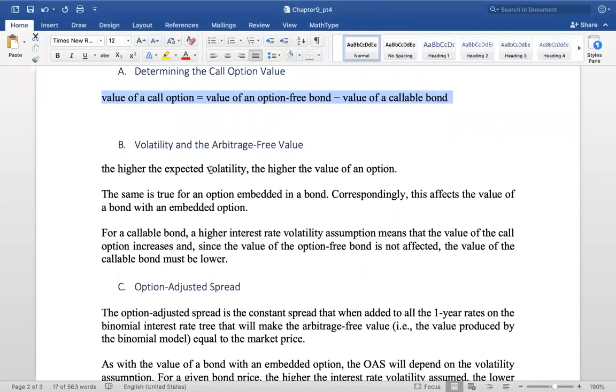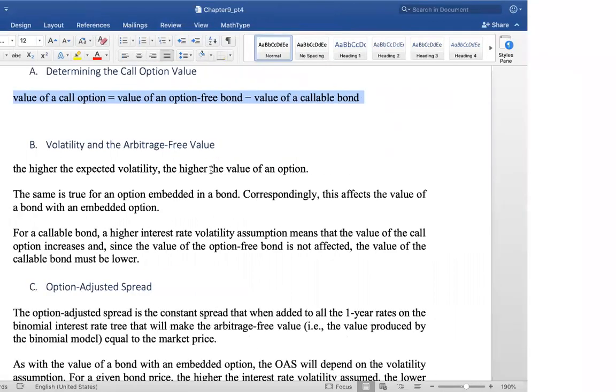The higher the expected volatility, the higher the value of an option. So if we increase the volatility, we assume the volatility of 10%. If we increase the volatility from 10% to, let's say, 20%, then the value of option will increase.